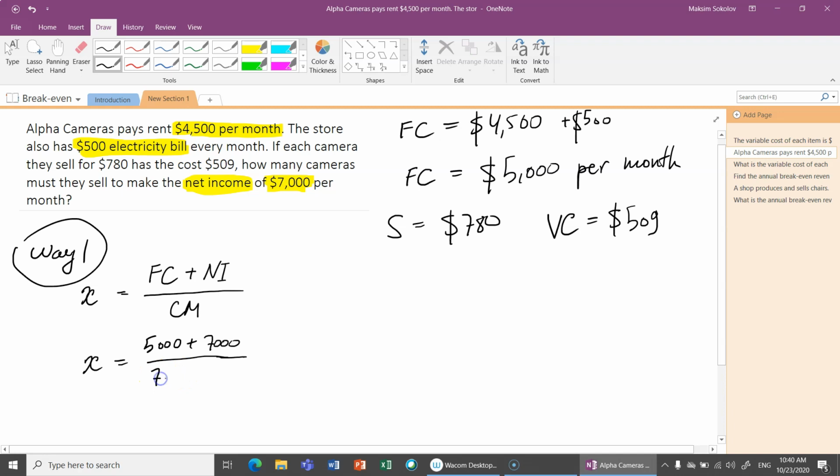The contribution margin here is $780 minus 509, because contribution margin is selling price minus variable cost. Okay, so let's compute that. It's 44.28. Again, we have to round this number up, and that's going to be 45 items, 45 cameras.